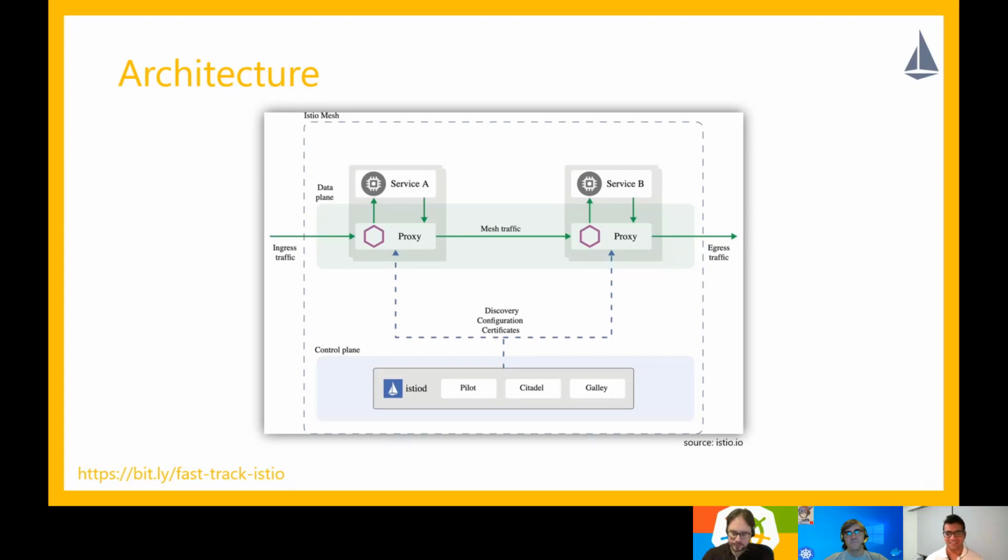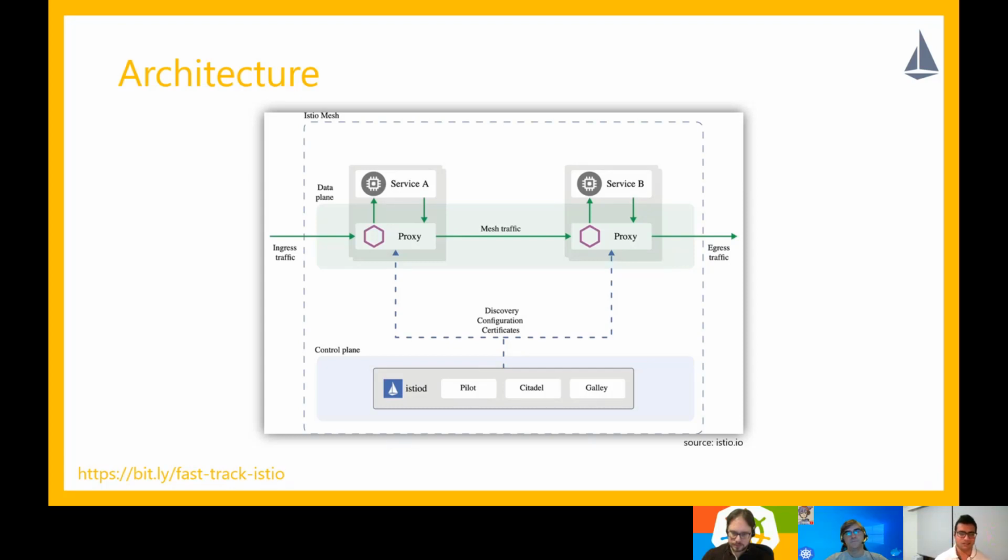Exactly. So I'll briefly talk about each of these components internally. Starting from the right, Galley is used for issuing certificates, mostly to your Envoy proxies.